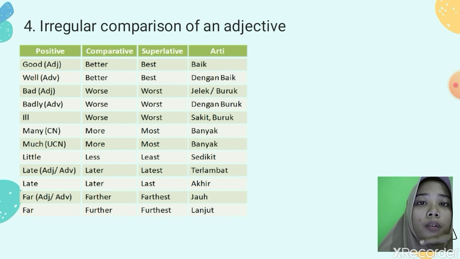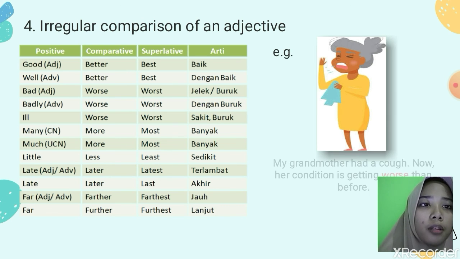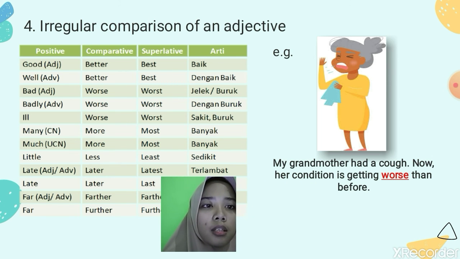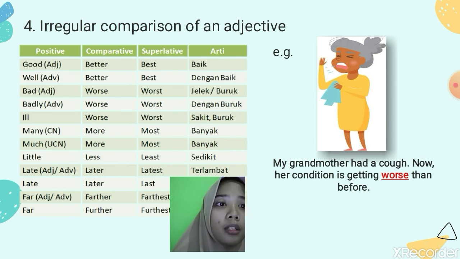Okay, so the fourth explanation is about irregular comparison of adjective, and I have provided you the picture, and if you want to take a picture or take a screenshot, please do. And for the example, there's a grandmother here, and the sentence is, my grandmother had a cough. Now her condition is getting worse than before.